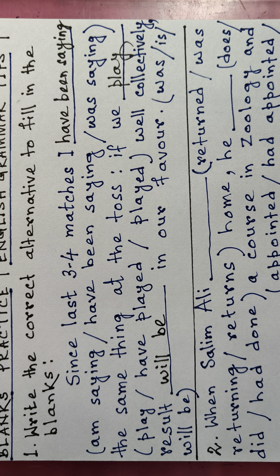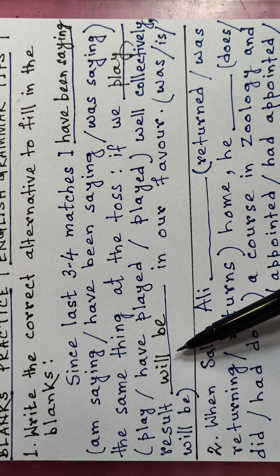So we use will be in the main clause of a type 1 conditional, we use the simple future to describe the likely result of that condition being met. So the correct answers are have been saying, play, and will be.